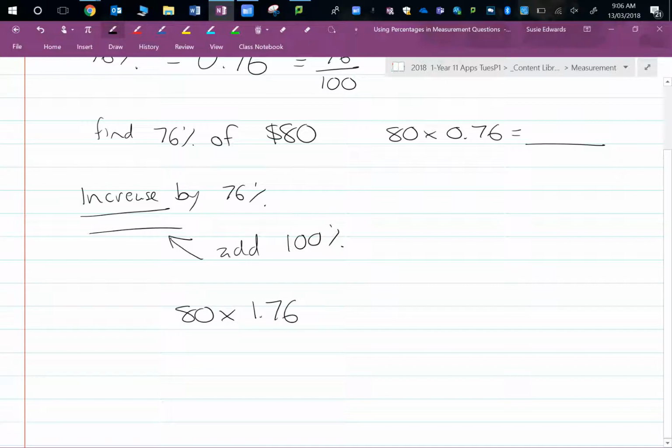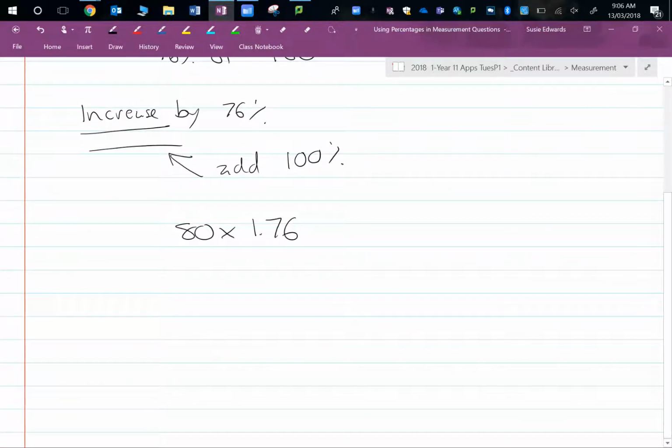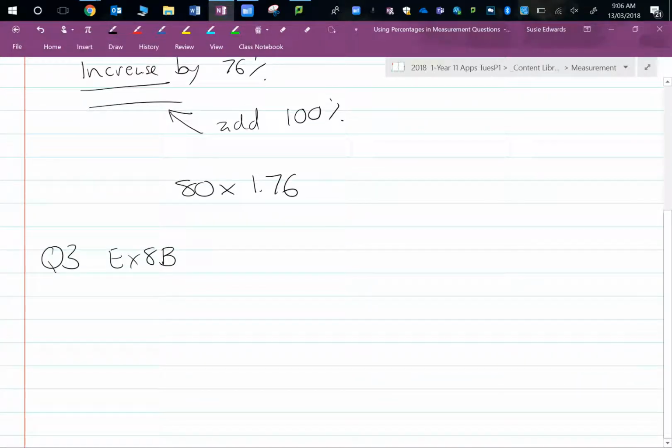So if we quickly look at question 3 in exercise 8B, can someone just tell me the different page numbers, like if it's on page 3, what does it say the percentage is more? Say again? 60%. So if we work out how much something costs and we then say, okay, so we've worked out a cost, has anyone actually worked it out yet, the cost of it or the amount?